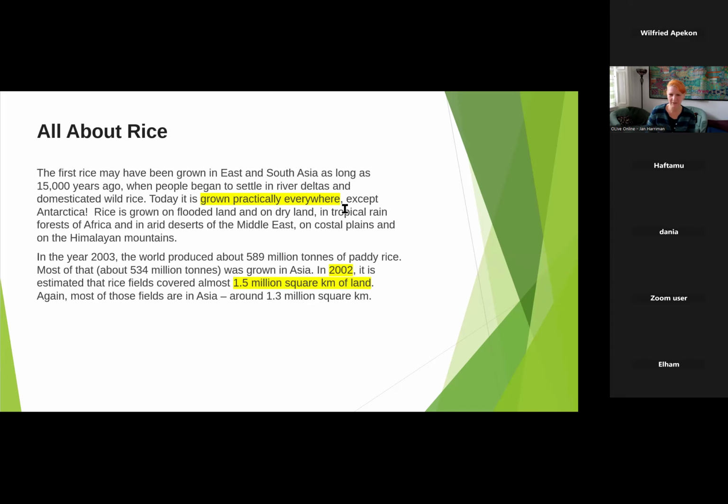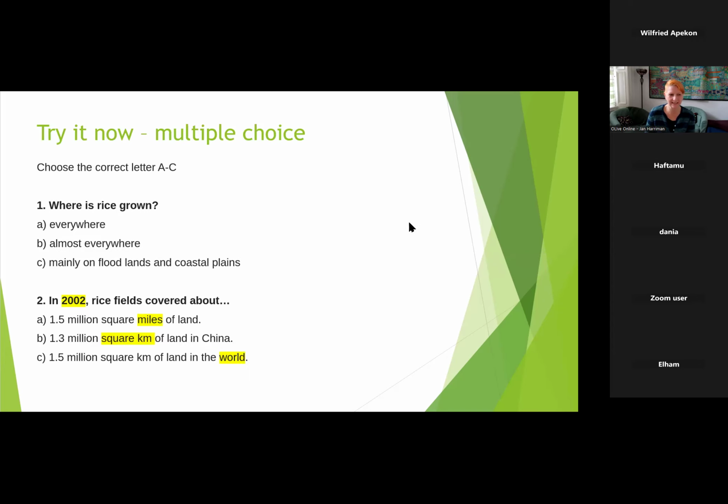Now we've got "grown practically everywhere." So which of these choices means grown practically everywhere? It's synonym time. You've got it.